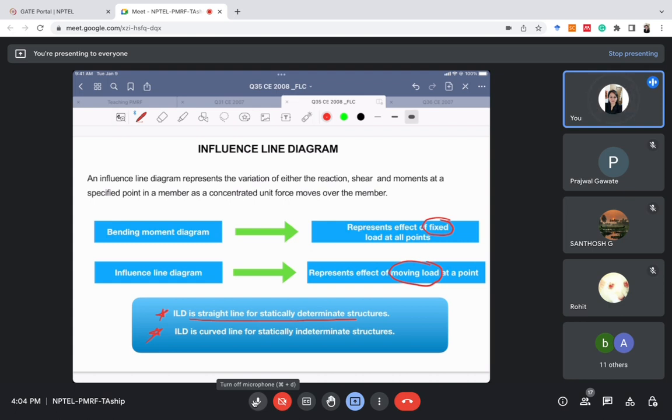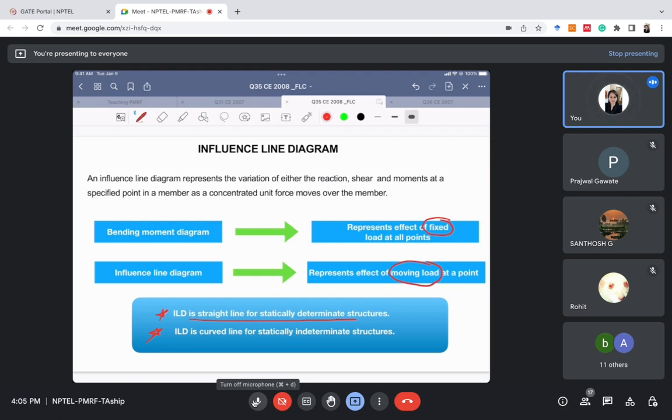You can note it down also. So before trying a problem, you should see whether that beam is determinate or indeterminate, and in that way you can rule out the wrong options.